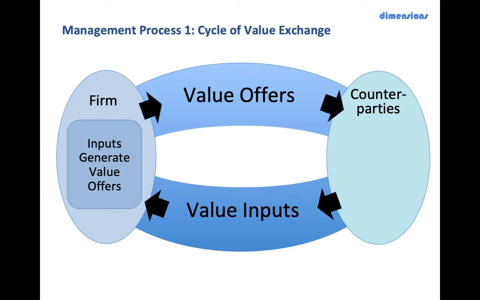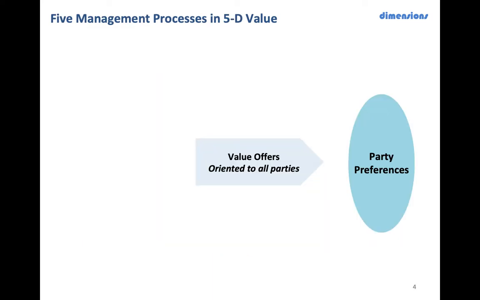The inputs are the means for the firm to generate the value offers, and the value offers need to be designed to attract the inputs from the parties, forming a cycle of value exchange. Thus, the first process manages the interests of all parties.